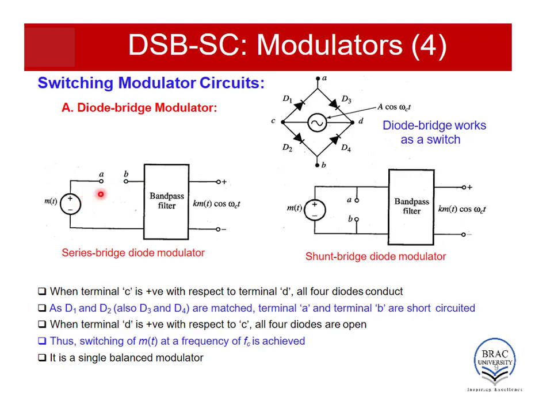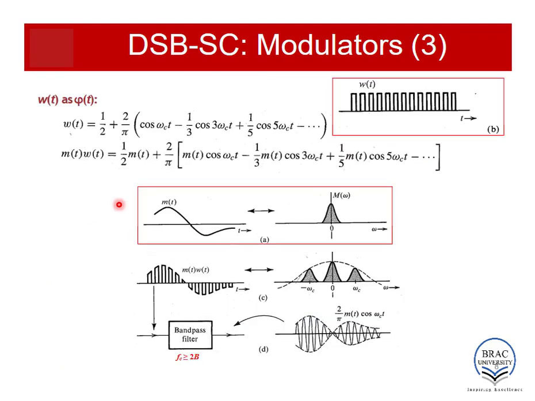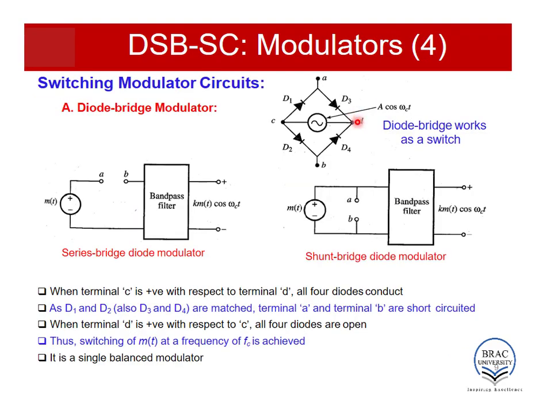So no component will be passed. That means mt is multiplied by 0. This is actually the same thing as this. At some times, mt is multiplied by 1. At other times, mt is multiplied by 0. This goes on and on. I have mentioned in the previous lecture of DSBSC that the switching operation of the diode is controlled by the carrier component and not the message.